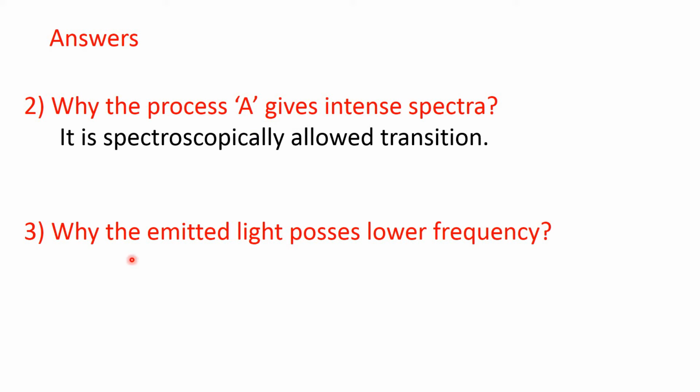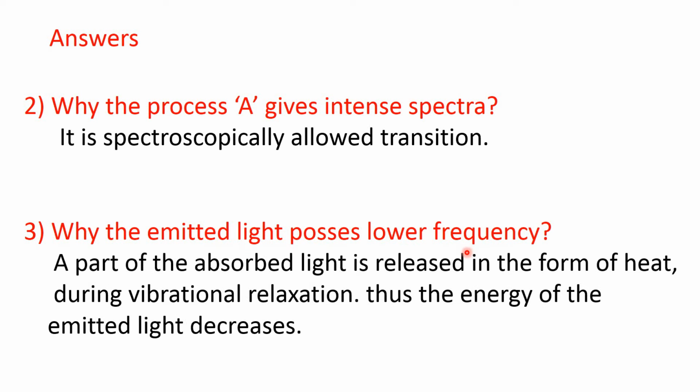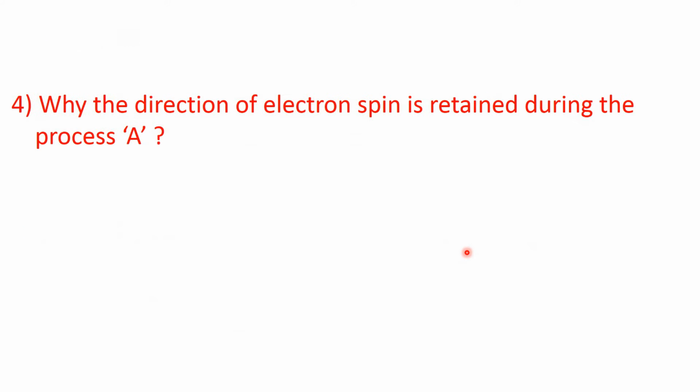Number 3, why does the emitted light possess lower frequency? Because a part of the absorbed light is released in the form of heat during vibrational relaxation. Thus, the energy of the emitted light decreases. So, energy or frequency of the emitted light is less than that of the absorbed light.